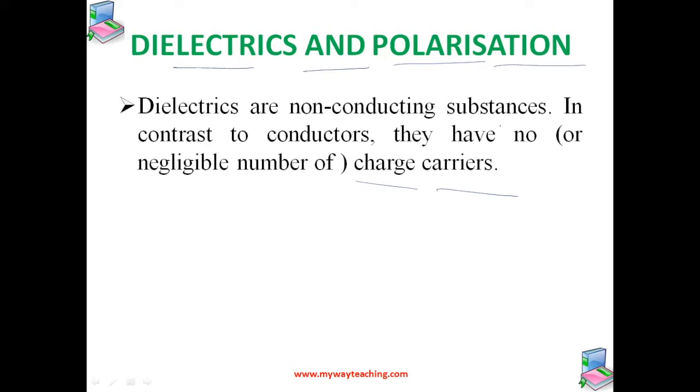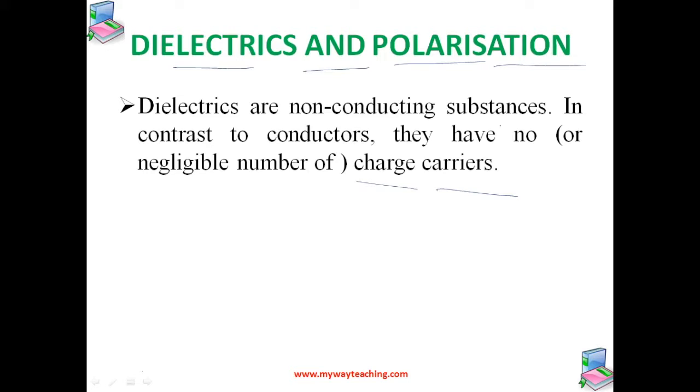See, the molecules of a substance may be polar or non-polar. In a non-polar molecule, the centers of positive and negative charges coincide. The molecule then has no permanent dipole moment. For example, O2, H2. The centers of both positive and negative coincide.